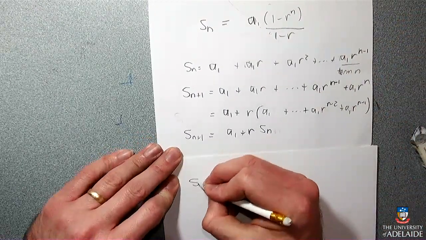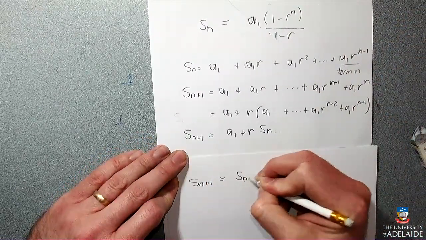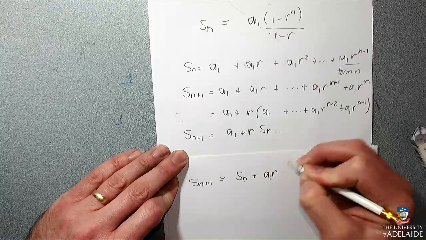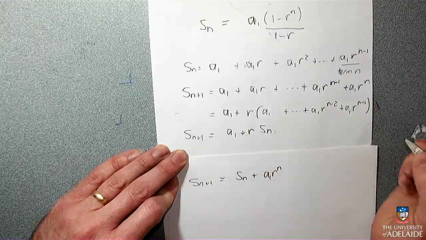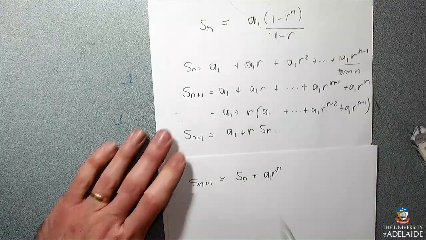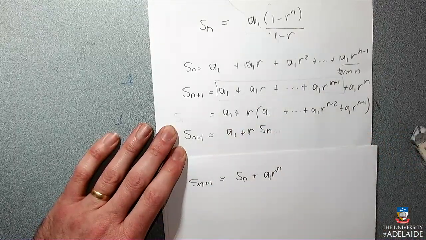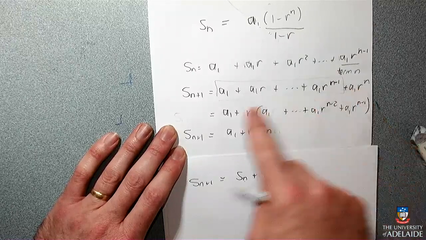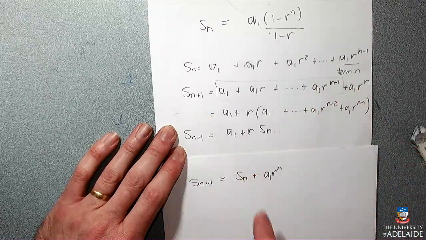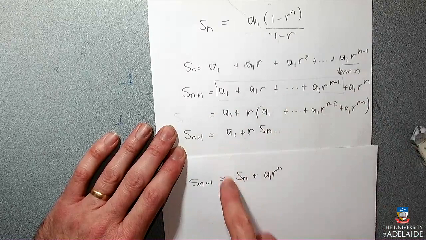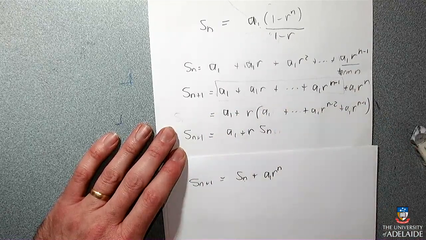That Sn plus 1 is also Sn plus A1 R to the n. So look, this bit is Sn plus a bit to get to the next one. There are two ways of writing Sn plus 1.